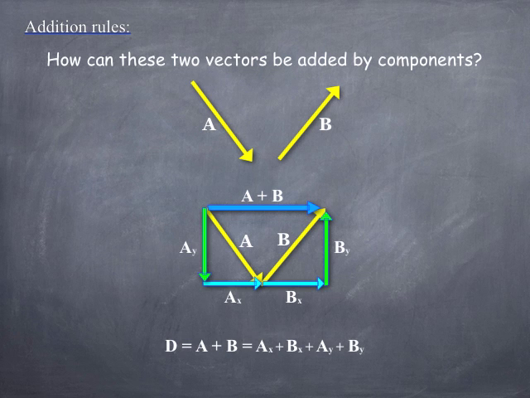A plus B, we'll say, is vector D, where vector D is made up of Ax plus Bx, and Ay plus the exact opposite vector By. The component of B in the y direction cancels the component of A in the y direction, and so A plus B is the same as just looking at the components in the x direction of A and B.